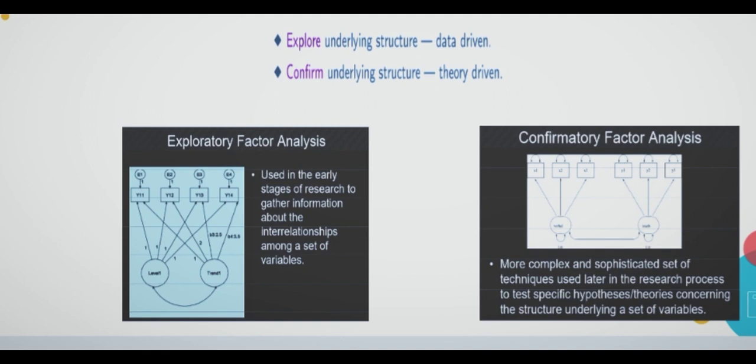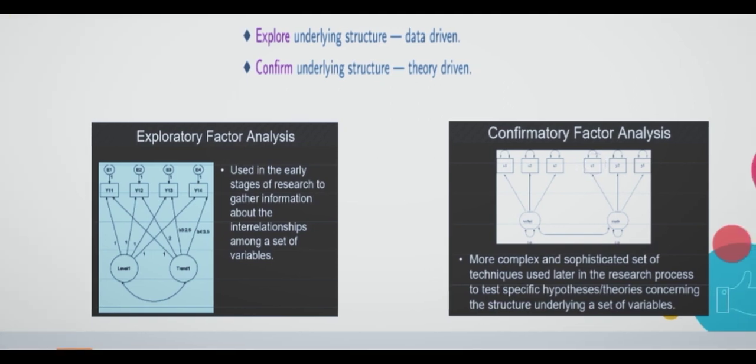We gather the information. We have all the variables and then we group it into several factors. Itu adalah EFA. Okay, and then we test for the reliability. Kita boleh test whether data tu ada outlier ke tidak. Itu baru EFA.